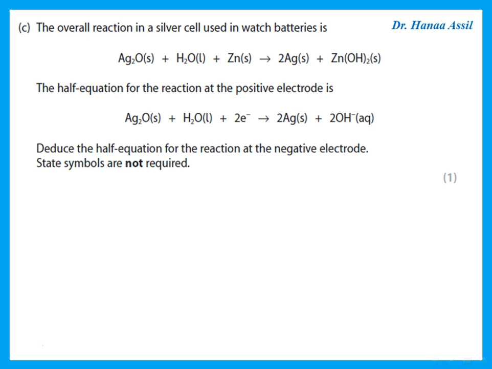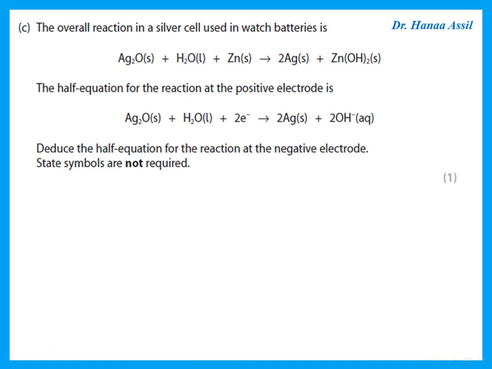The overall reaction in a silver cell used in watch batteries is this. The half equation for the reaction at the positive electrode is this. Deduce the half equation for the reaction at the negative. Of course, if we have the overall equation and this is 1/2 of it, then the other one would be the other half.